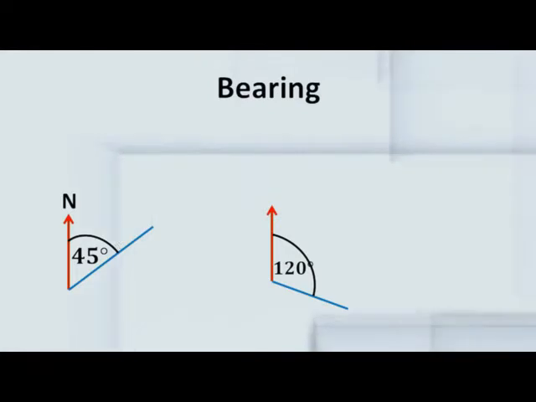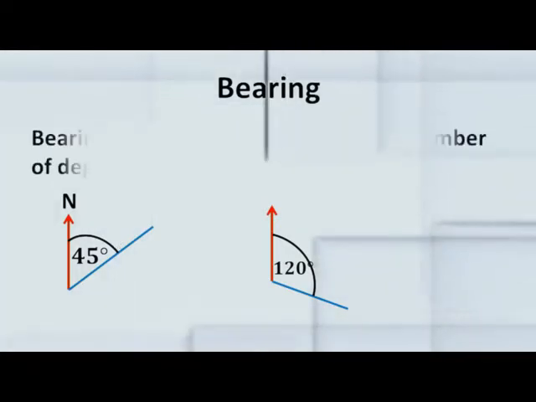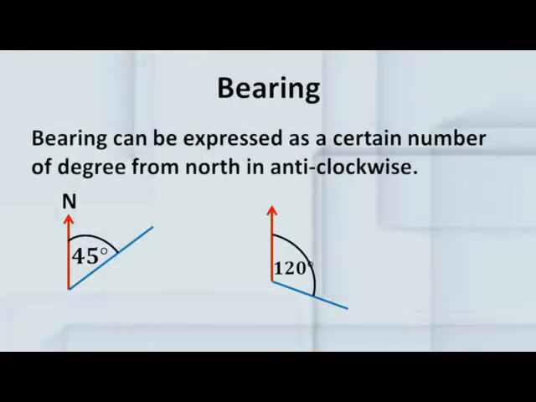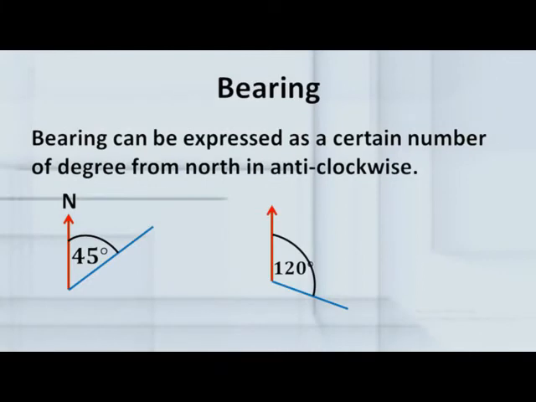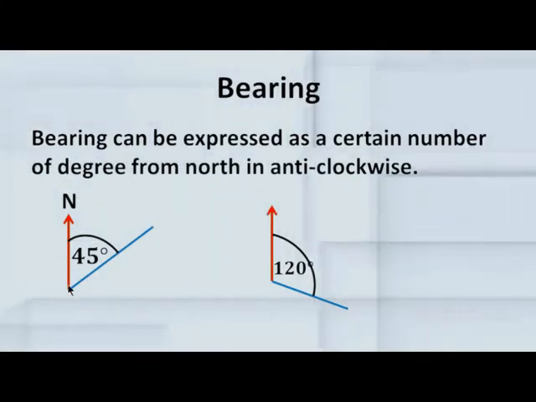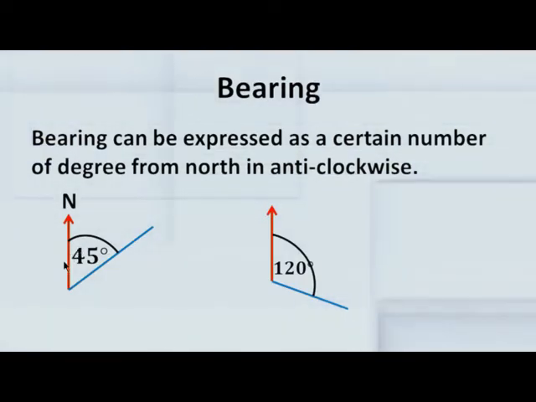Now we're going to learn about bearing. Bearing can be expressed as a certain number of degrees from north in anti-clockwise. See the blue line. The bearing of the blue line is 45 degrees.